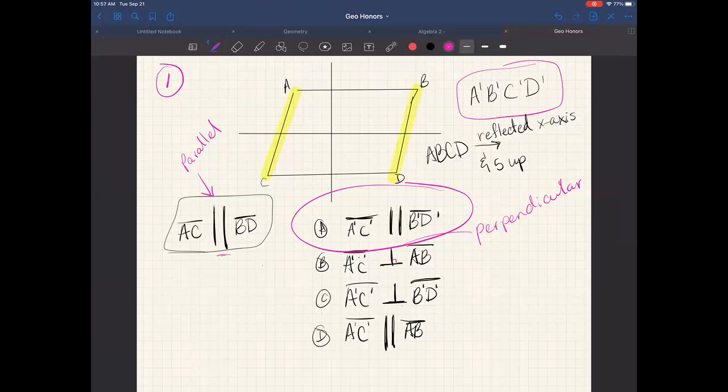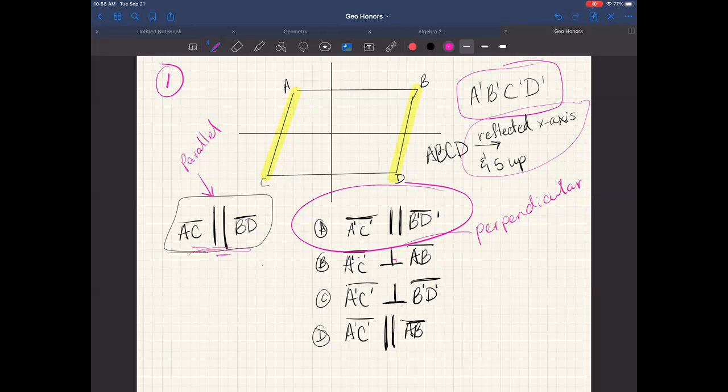They told me AC and BD are parallel. Now, all the transformations I did, they're rigid motions, right? I didn't change sizes, I didn't change anything, I just moved my shape around. So since I moved them around, it's safe to say that if these 2 lines were parallel at the beginning, their transformations are still going to be parallel. Those are the only ones I can say for sure, right?